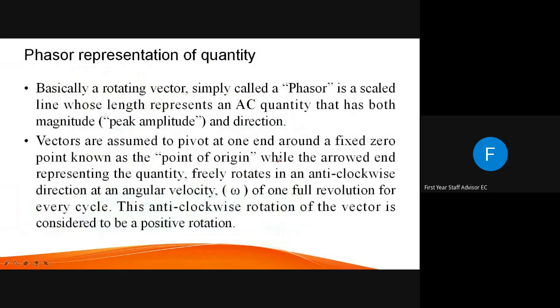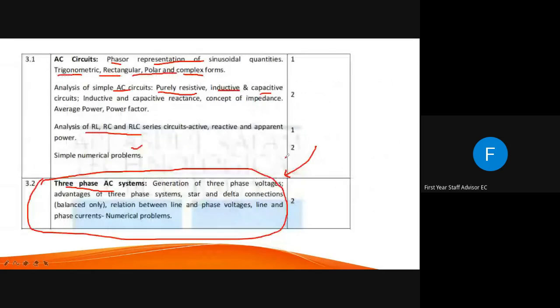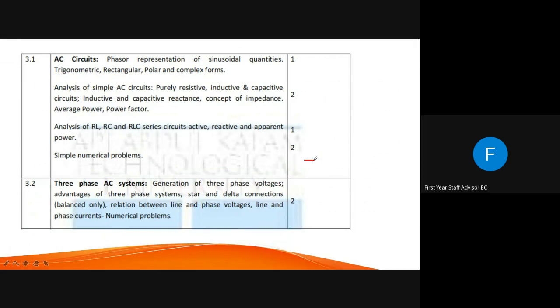Okay, now about AC quantity. We know that AC is a continuously varying waveform, switching between positive and negative half cycles. We have already studied that. The total duration for a complete cycle is known as the period and is expressed as T. One cycle means there will be a positive half cycle and a negative half cycle, and it will alternate in a similar fashion for the remaining cycles.